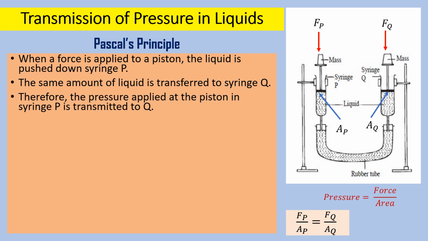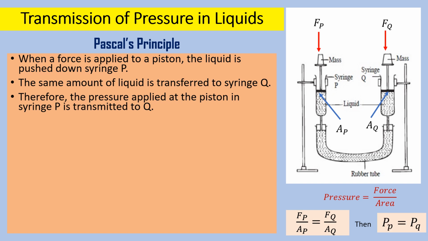So if pressure is equal to force over area, then Fp over Ap makes the pressure on syringe P, which we can call Pp, and that should be equal to the force on Q over the area of Q, which will be Fq over Aq, which will be equal to Pq.